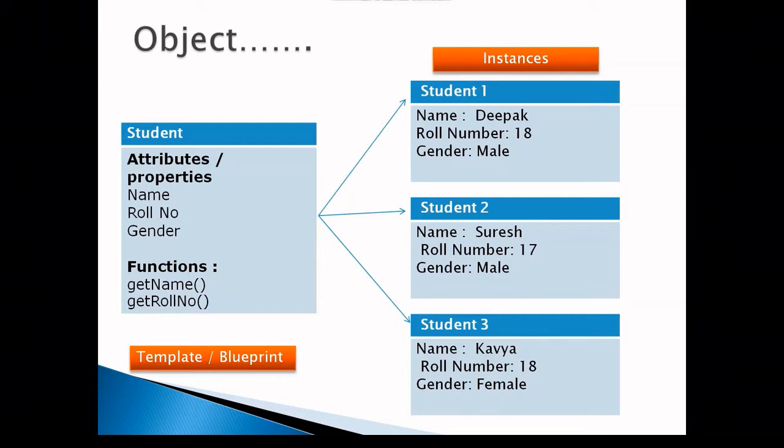Every student has different properties, or we can say attributes. Name Deepak for student 1, roll number 18, gender male. For student 2 it is Suresh, 17, male. For student 3 it is Kavya, 18, and female. So these are the three instances which we created from the template student.